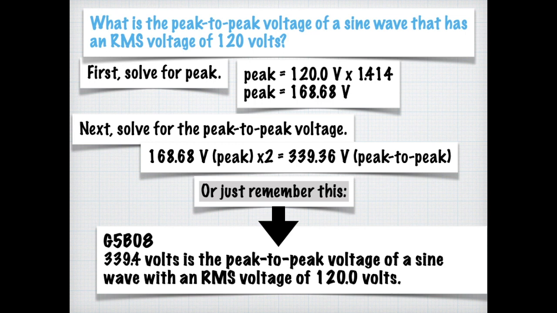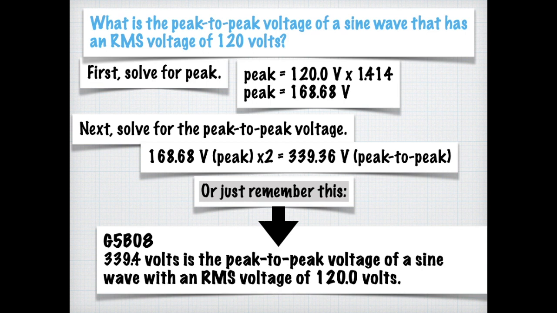One test question you may encounter is, what is the peak-to-peak voltage of a sine wave that has an RMS voltage of 120 volts? Well, in order to solve this equation, we have to first solve for the peak. So the peak is 120 volts times 1.414, and we get a peak voltage of 168.68 volts.